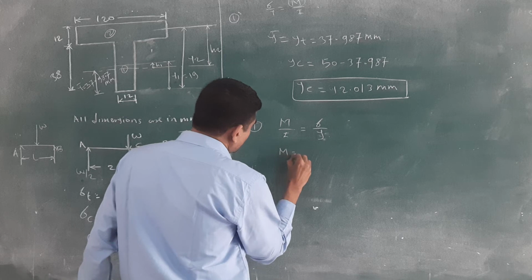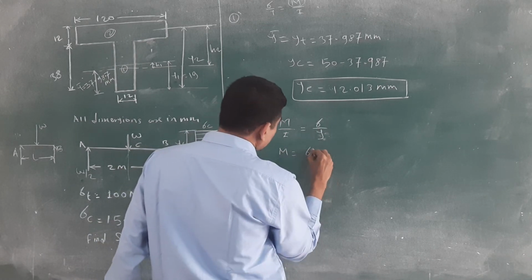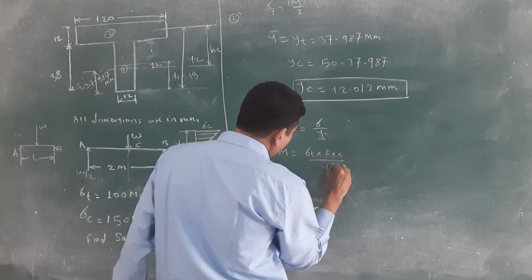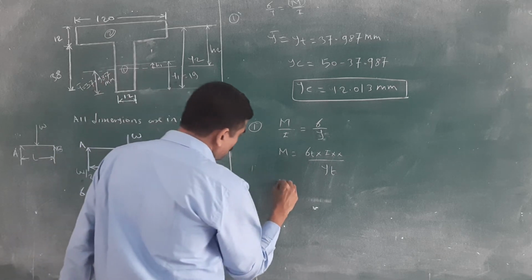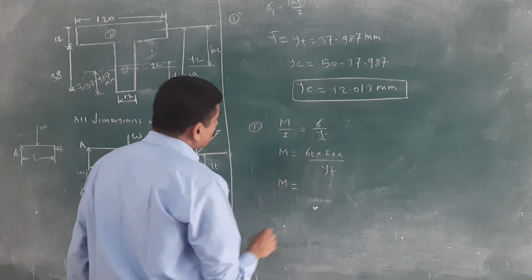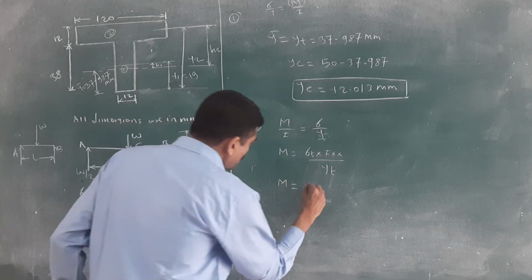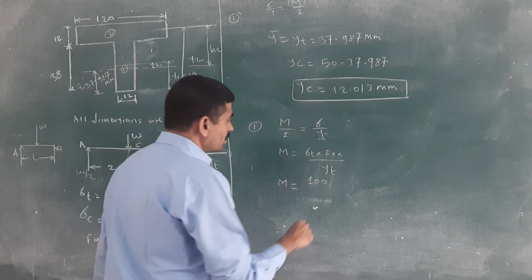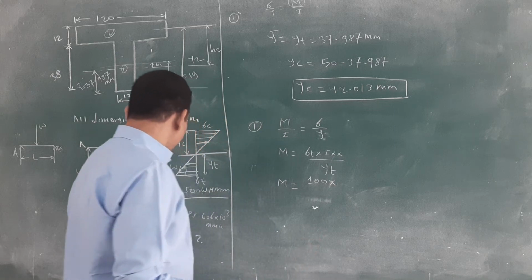I will shift this: M is equal to sigma T into Ixx divided by Yt, for the tension condition. Sigma T is already given as 100 MPa. Remember the relation, 1 MPa is equal to 1 Newton per mm square.